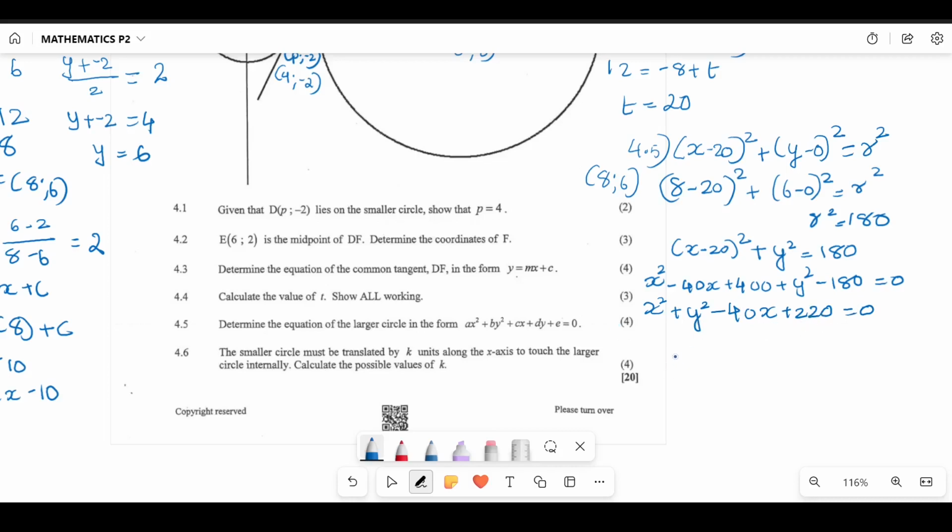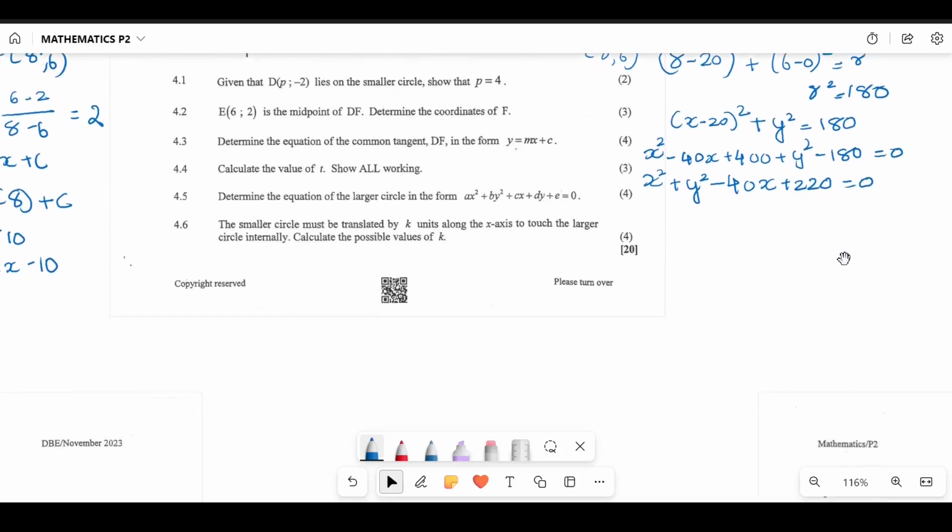Now 4.6: a smaller circle must be translated by k units along the x-axis to touch the larger circle internally. Calculate the possible values of k. In this case, you must also know the condition where a circle touches internally.